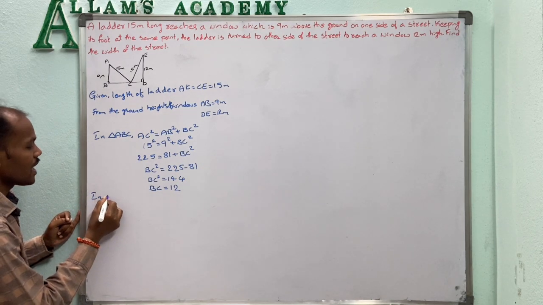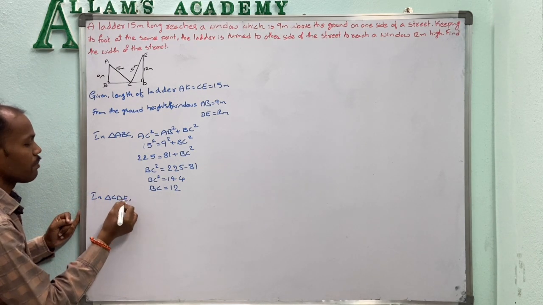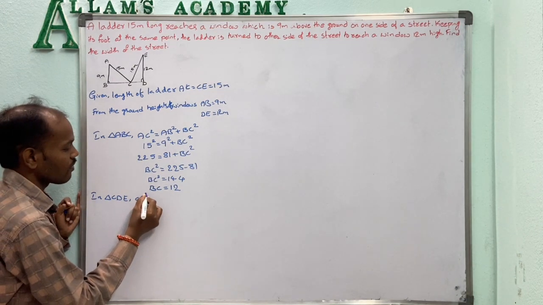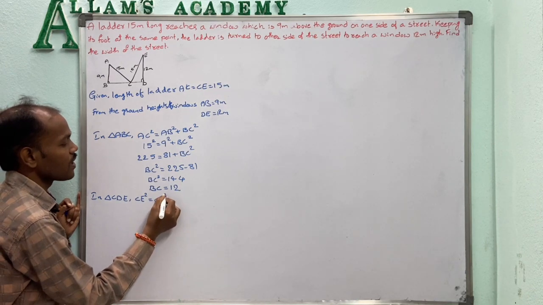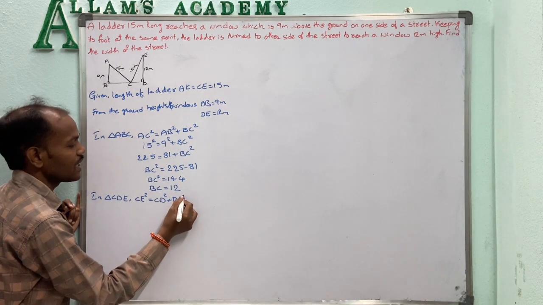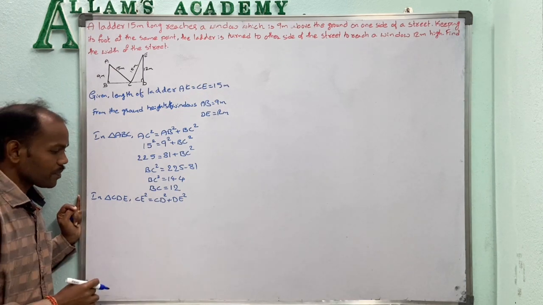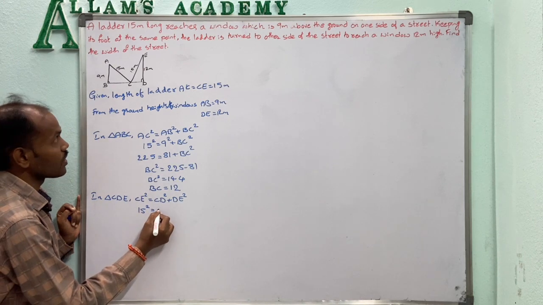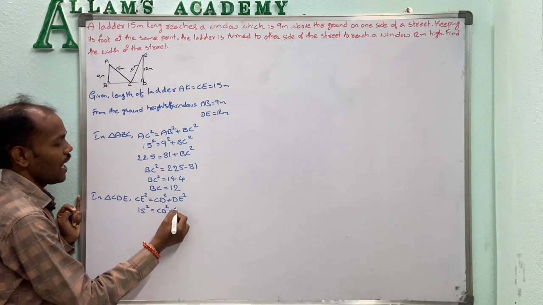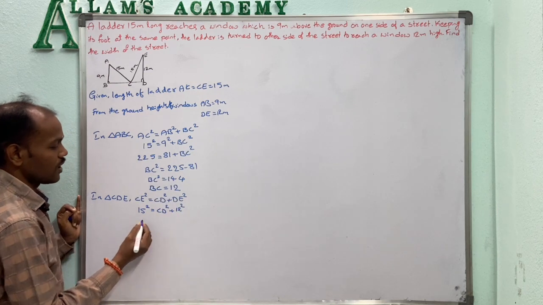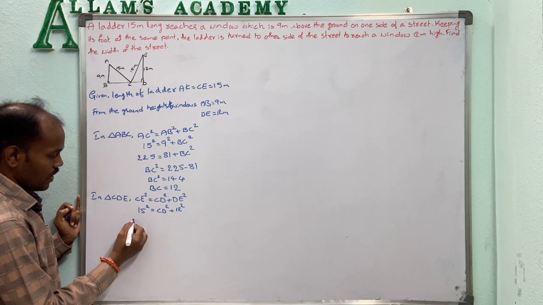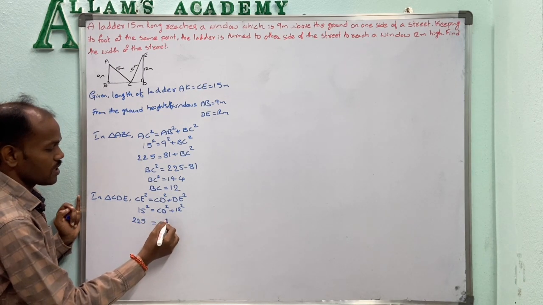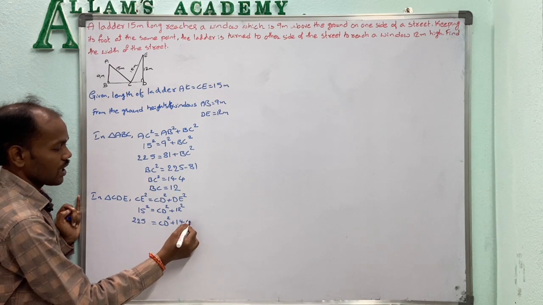Similarly, in triangle CDE, by Pythagoras theorem, the hypotenuse CE square equals the base CD square plus height DE square. Here CE is nothing but the ladder. So 15 square equals CD square, which we want to find, plus DE square, the height of the window, that is 12 square. 15 square is 225, which equals CD square plus 144.